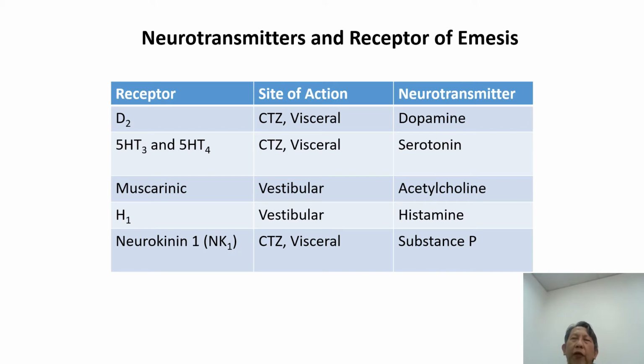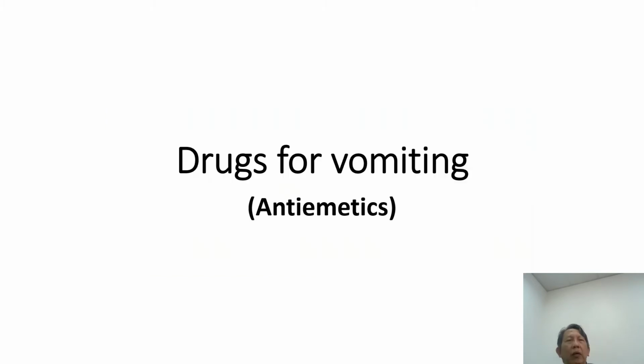As you can see from this table, there are several neurotransmitters involved in the emesis process: dopamine, serotonin, acetylcholine, histamine, and substance P. There are also receptors involved with these neurotransmitters.